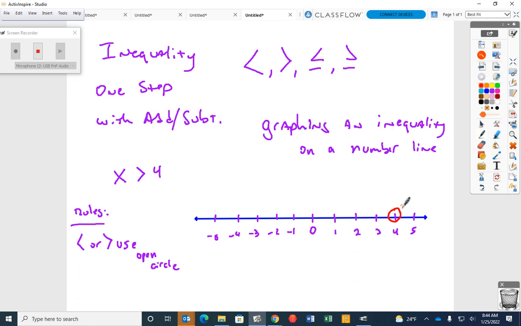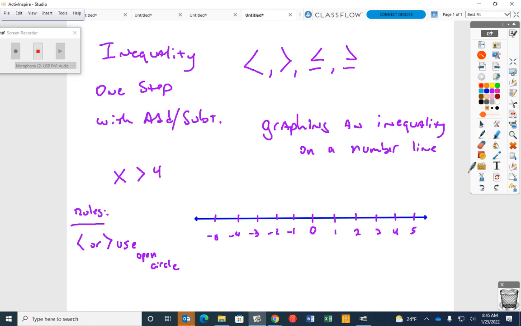Now on this number line, I'm going to make an arrow pointing to which side would represent x. Would I point this way? No, because everything this way is not what I'm interested in. I want to point in the direction that is greater than 4. So which direction would this go? Like that.